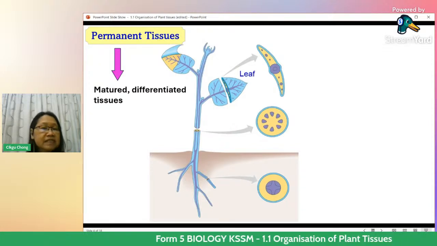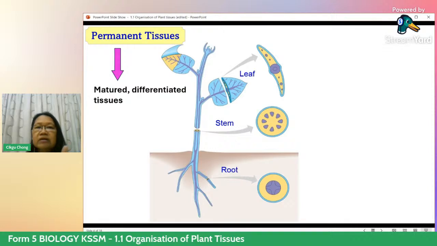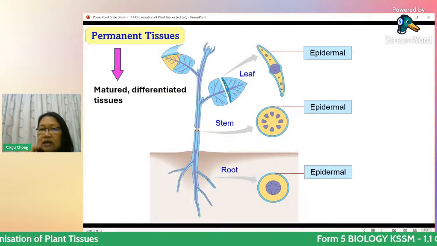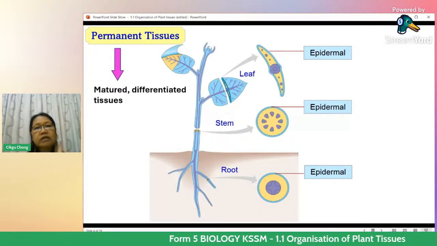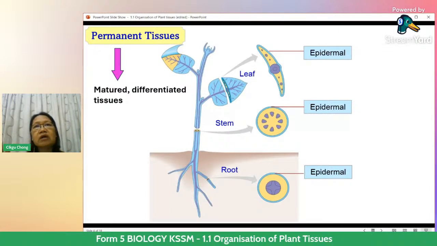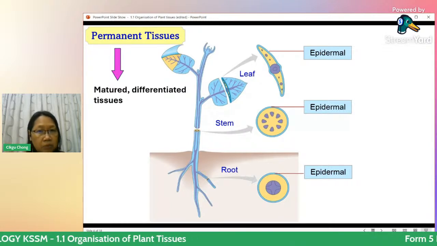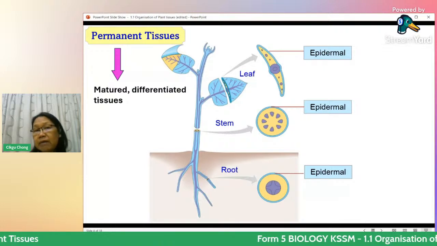In the leaf, you will see the part that is blue. The blue layer here is called the epidermal tissue. They line the exterior of every part of the body of the plant: the leaf, of course the stem, even the fruit.